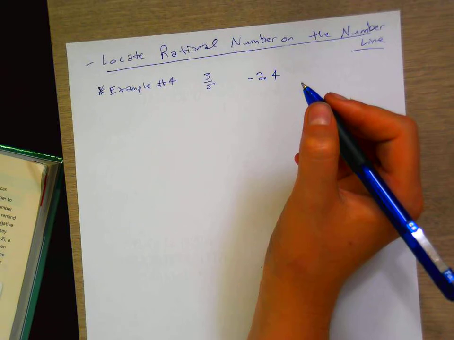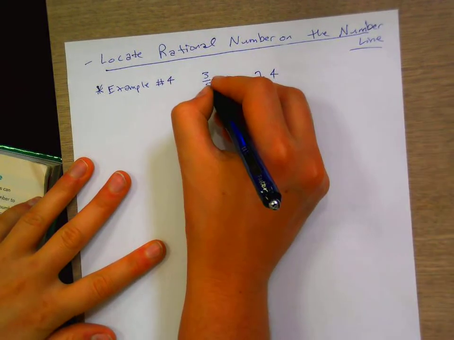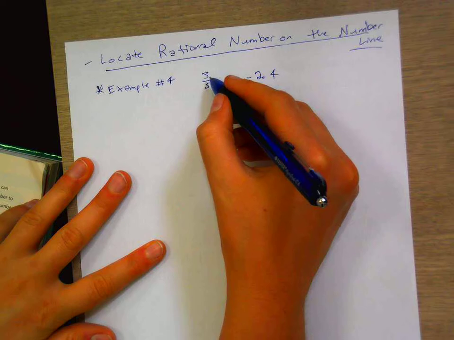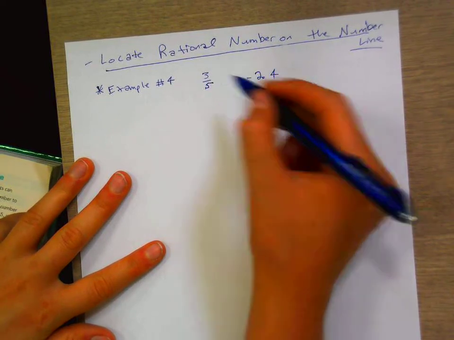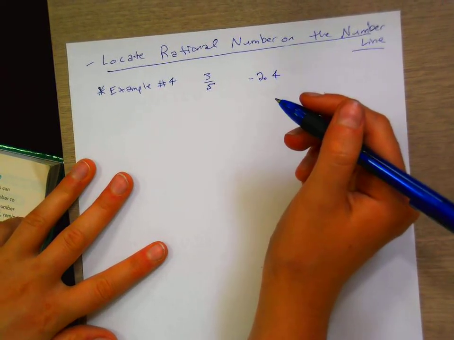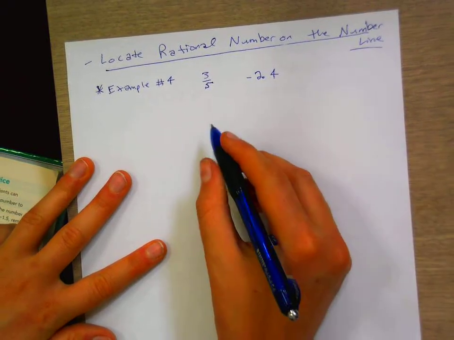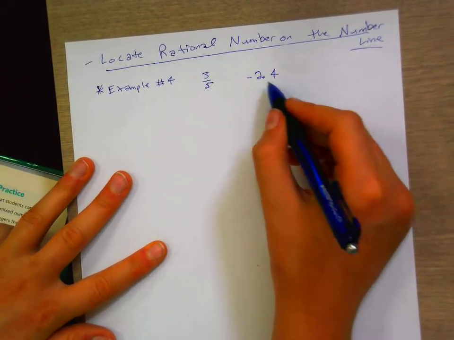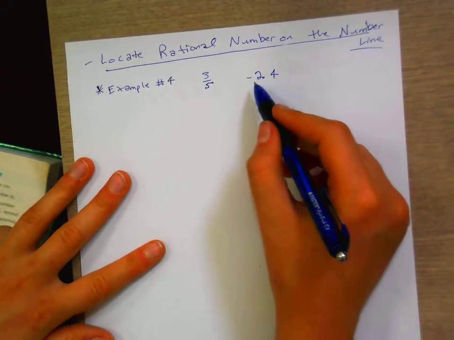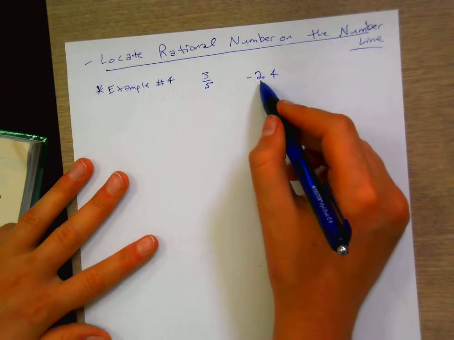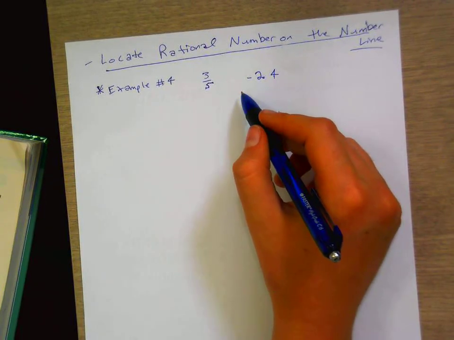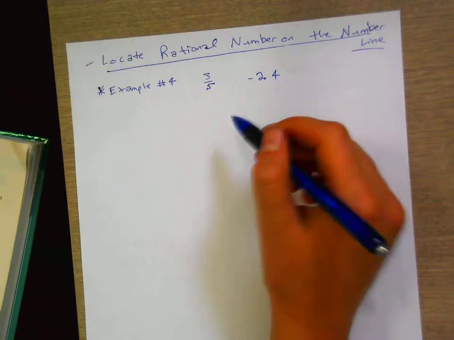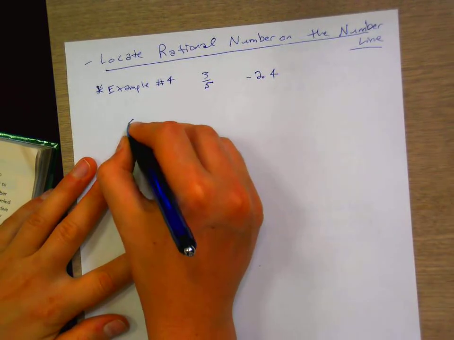We already talked about how if the top number is smaller than the bottom number, we know it lies between 0 and 1. So let's find where 2.4 goes. Negative 2.4 is between negative 2 and negative 3. So we know we need to draw a number line that goes from negative 3 at least to 1.